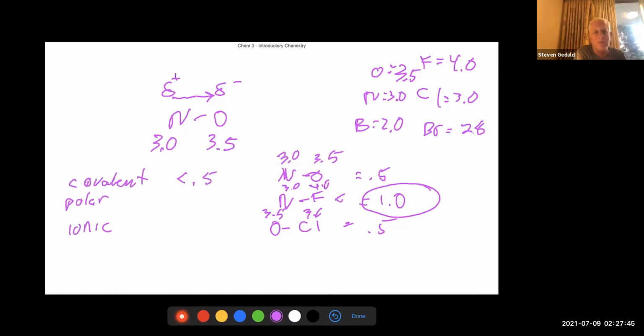There's not much difference. That's called a covalent bond. Basically, there's no real difference under 0.5. An ionic bond is greater than 2. So anything in between 0.5 and 2 is a polar bond. Well, there's a difference between that when you do the polarity of the bond.